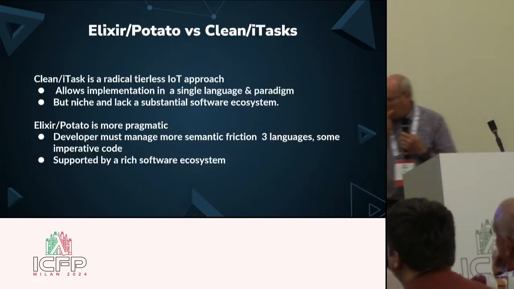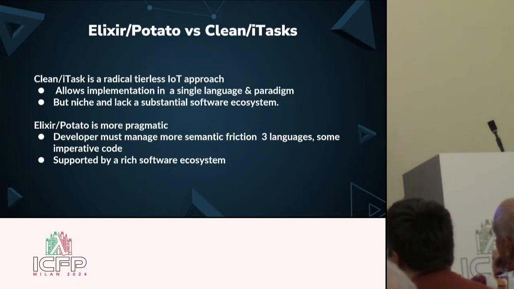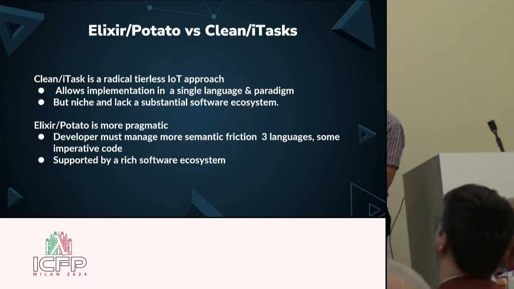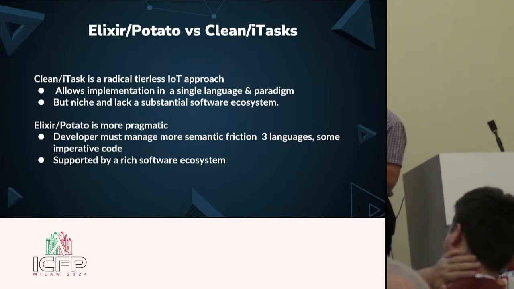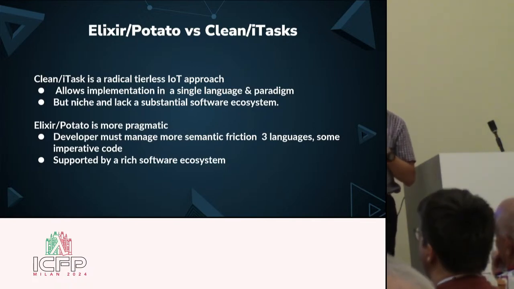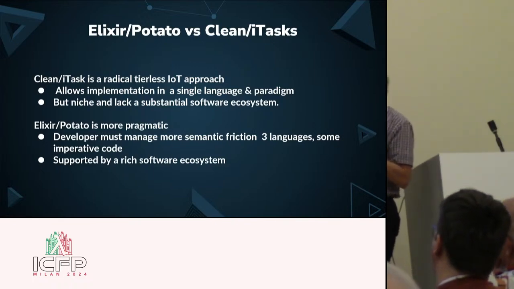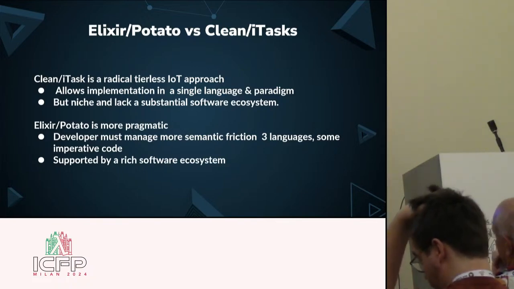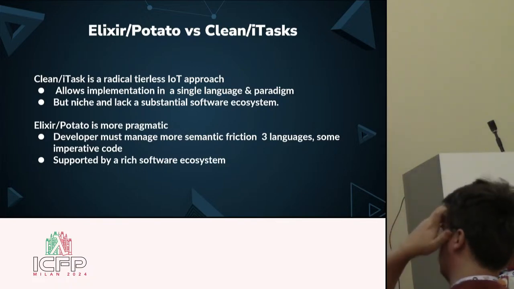Okay, so when we thought about this, our conclusion was that Clean iTasks is a pretty radical tierless language approach. It has really enforced a single language and paradigm. The downside is Clean is a kind of niche language.